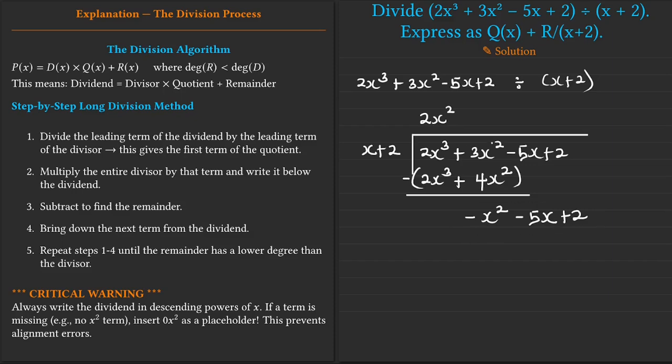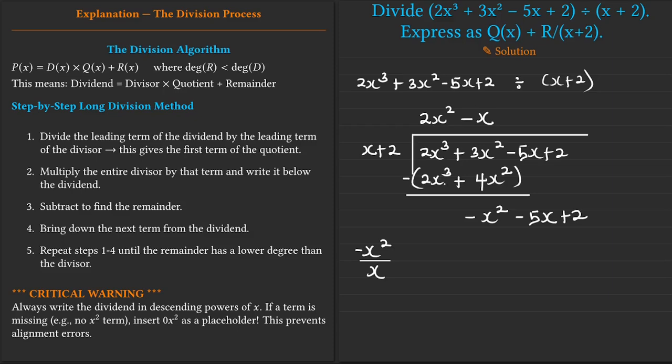We are done working on the original dividend we were given, so this new remainder becomes our new dividend. Hence, we have the leading term being negative x squared, and our leading term here also being an x. If we divide this, we are going to get a negative x.